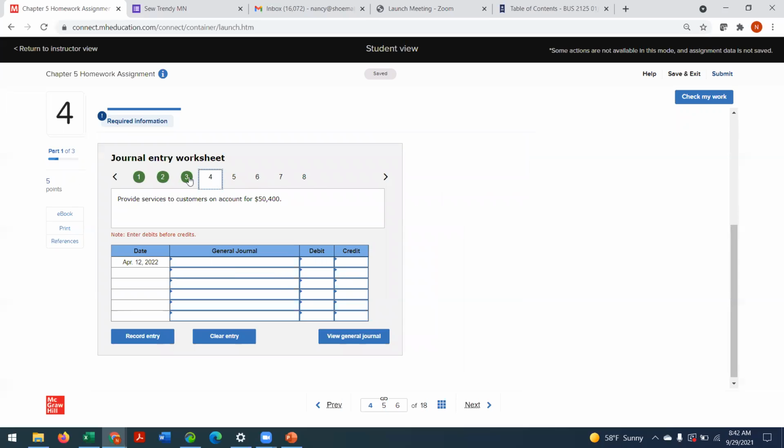Now it says in the next year, we provide services to customers on account of 50,400. So we're going to show an accounts receivable of 50,400. And we show service revenue.